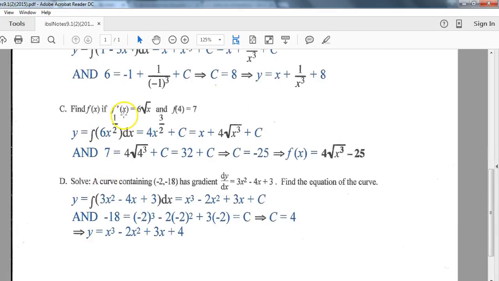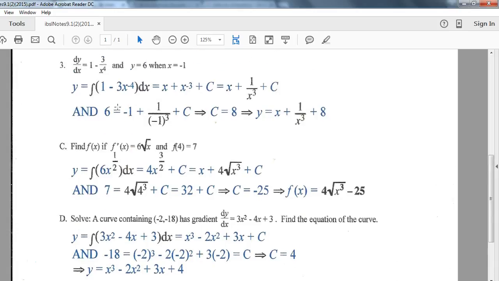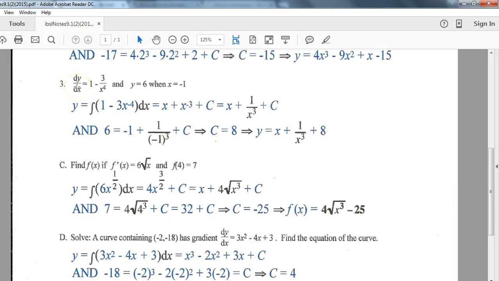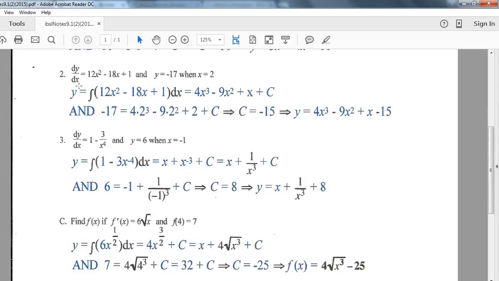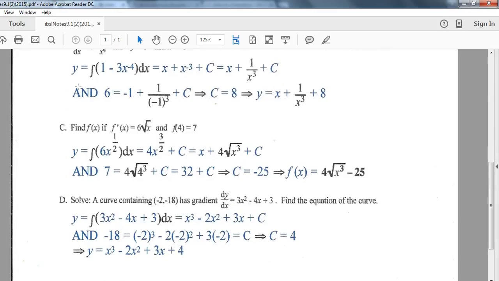One more look here. Again, this is just another notation for derivative. You're getting all the derivative notations here. Sometimes you get the prime notation, that means derivative. Sometimes you get the dy dx, that means derivative. And it looks like that was all we did in this one. So again, if you were to see this as 6x to the 1/2 power, go through with that process.